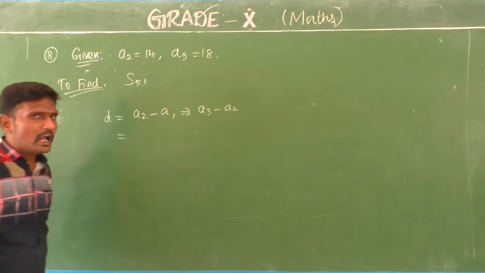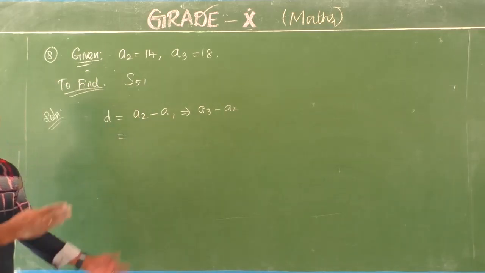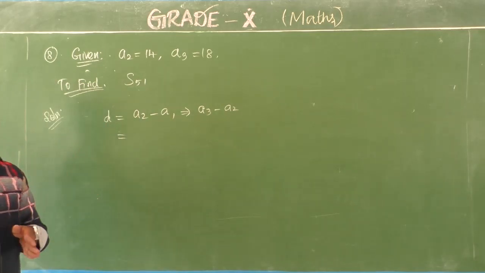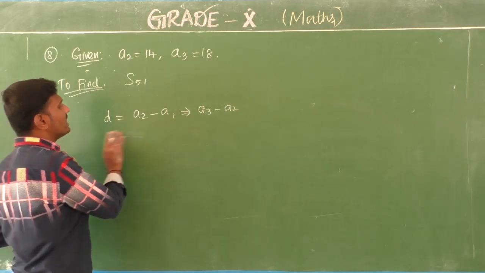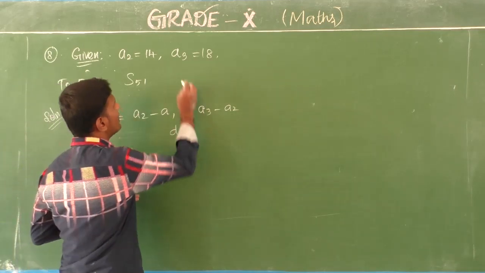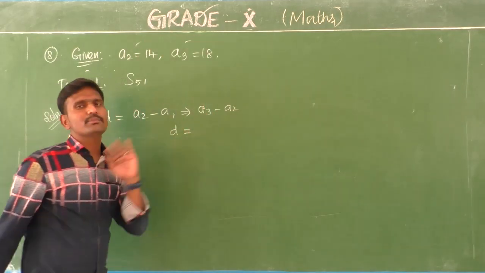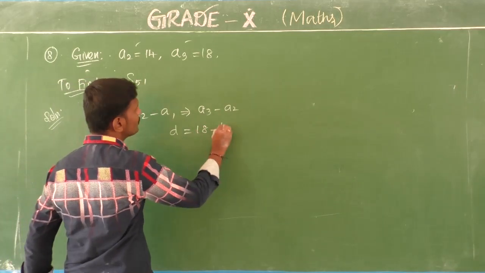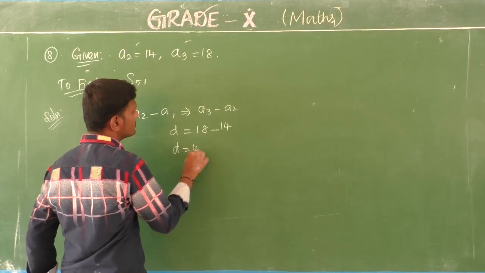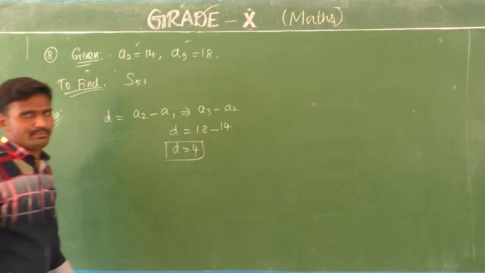Already you know from your first exercise, A2 minus A1 equals A3 minus A2 equals A4 minus A3 and so on. I have the values of the second and third term only, so I am substituting: third term 18 minus second term 14 gives the common difference 4. It is a simple thing.